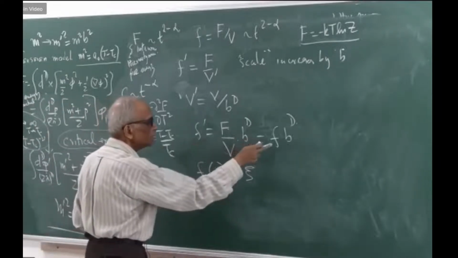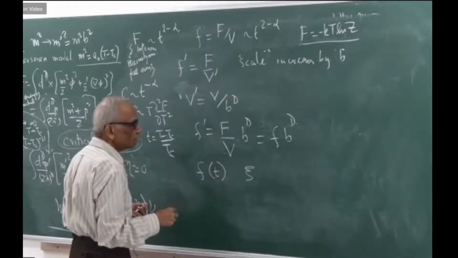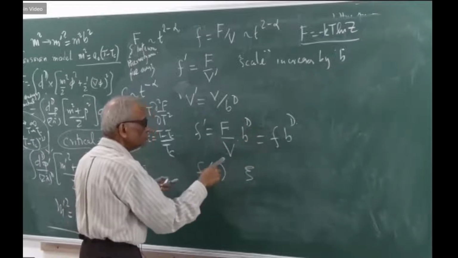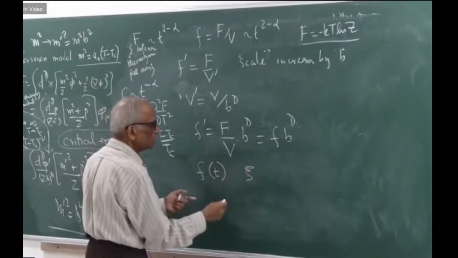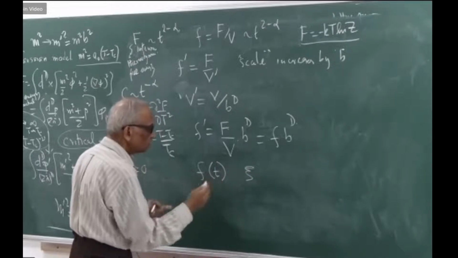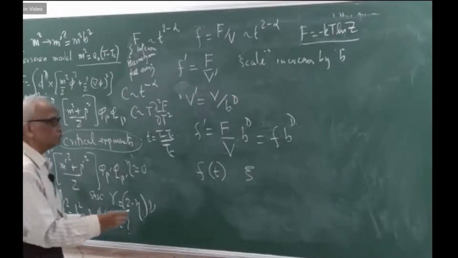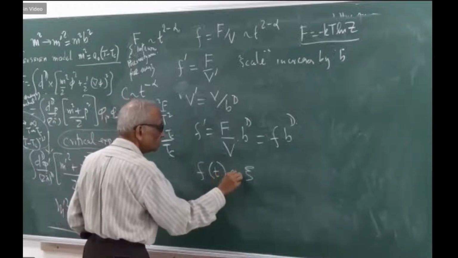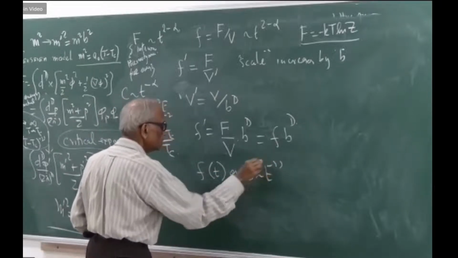You find that this f is equal to b to the power d. So what one is after is, as the correlation length changes, what is the dependence of f of t on xi, which is proportional to t to the power.